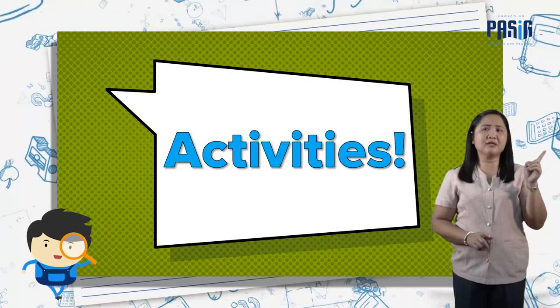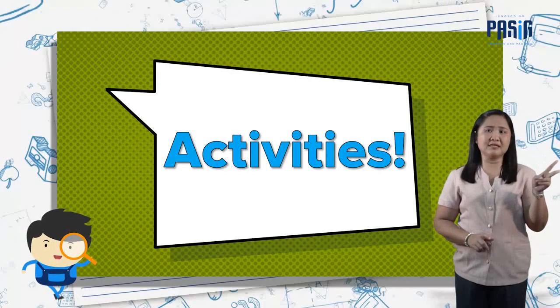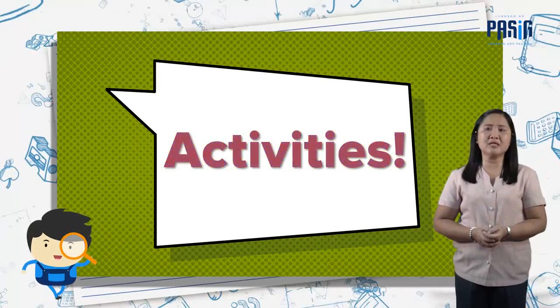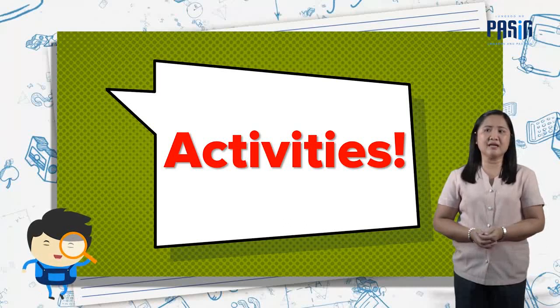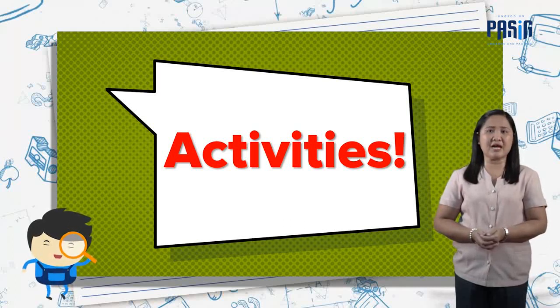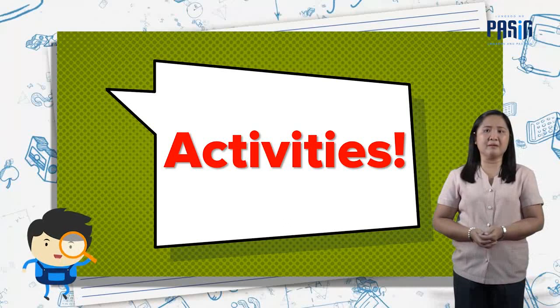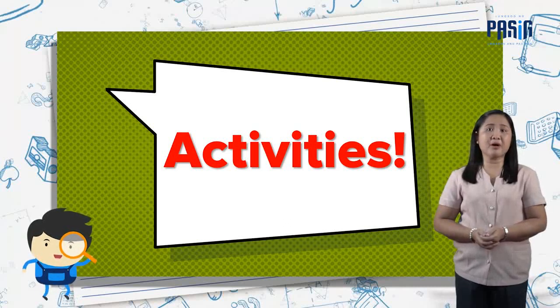Did you get it? What did you notice about the 2 problems that we discussed? Very good. The first one is asking for the most number of cookies. Words like most, biggest, and greatest are word clues that tells us that we need to find the GCF of a given number to be able to solve the problem.